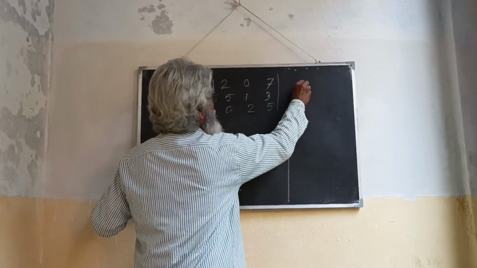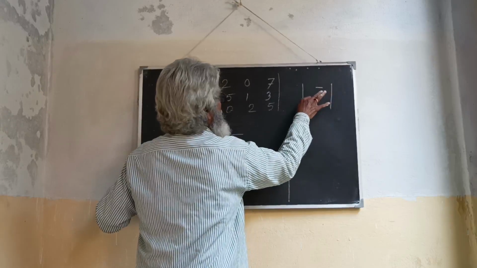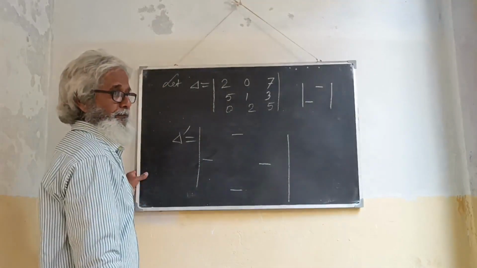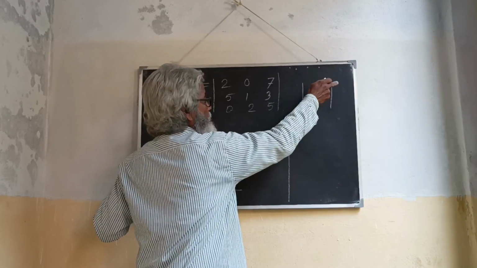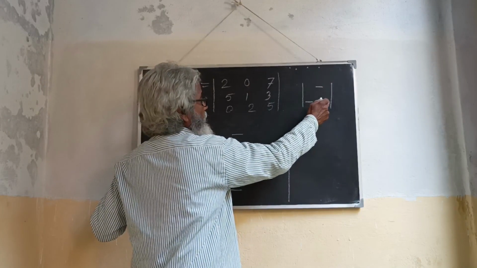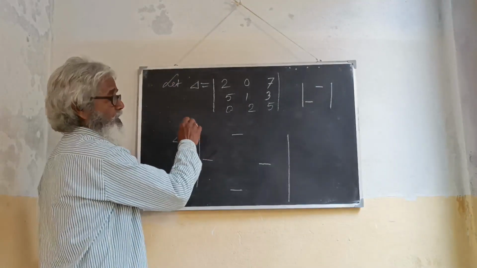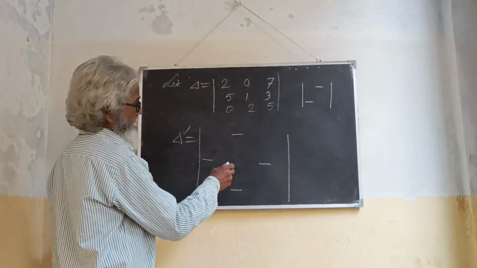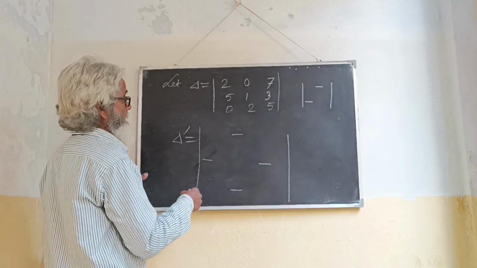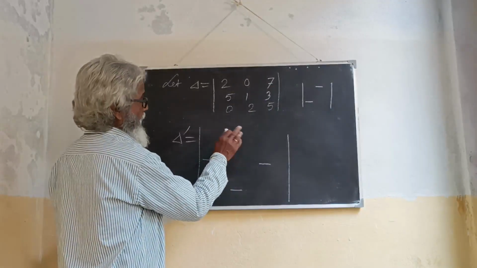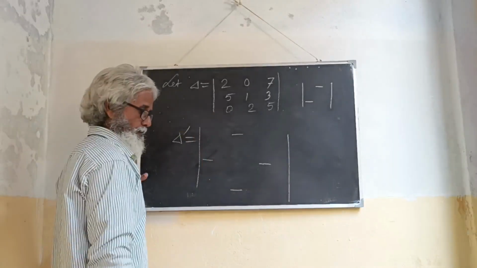If it is of order 2, then you write minus here and minus here. Since it is a third order determinant, to avoid any mistake, you write first minus, minus, minus, minus.